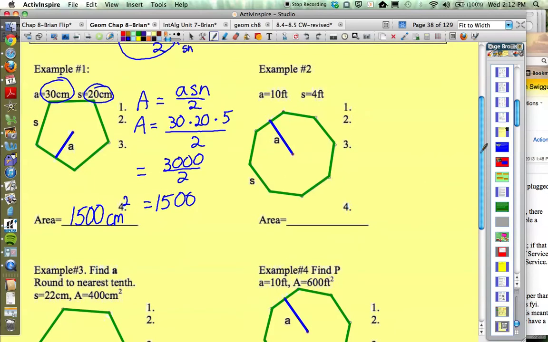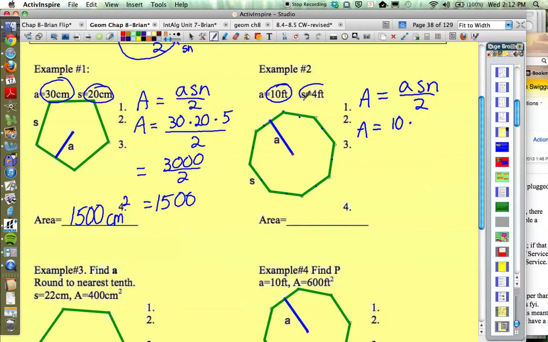Example number 2. We have another regular polygon here. Let's count the number of sides: 1, 2, 3, 4, 5, 6, 7, 8. There are 8 sides. It's an octagon. Area is equal to a times s times n divided by 2. The apothem is 10 feet, so 10.